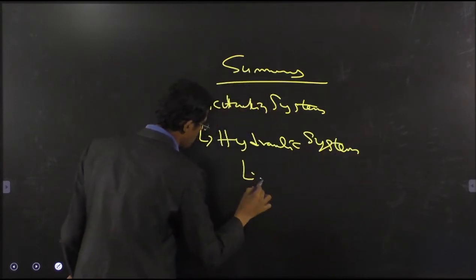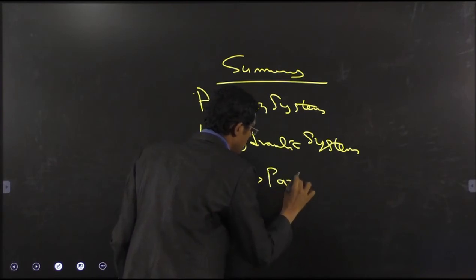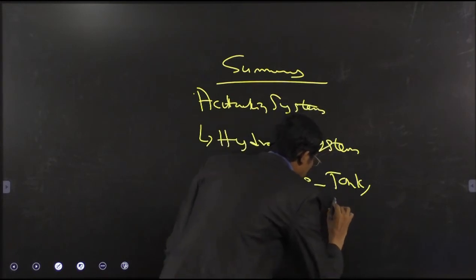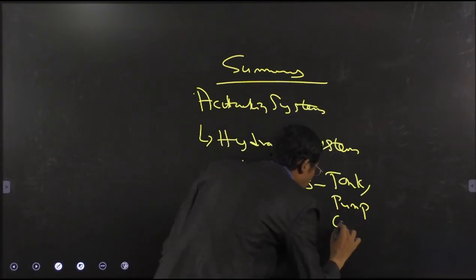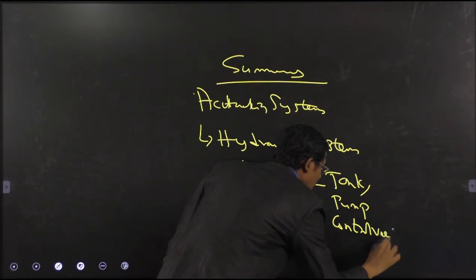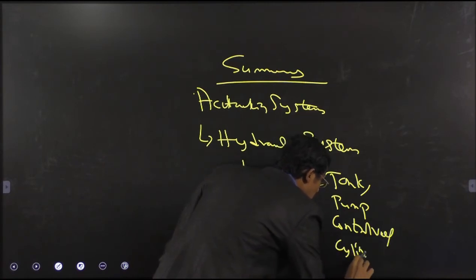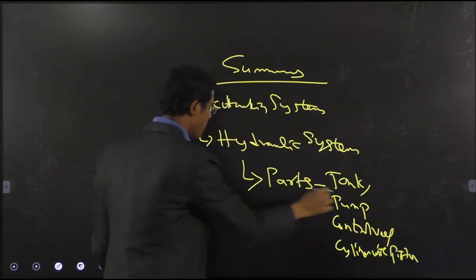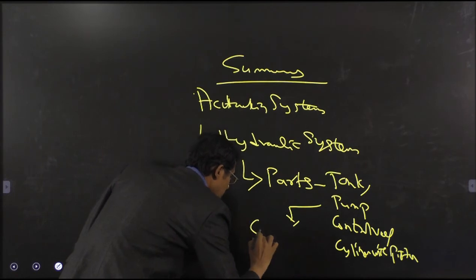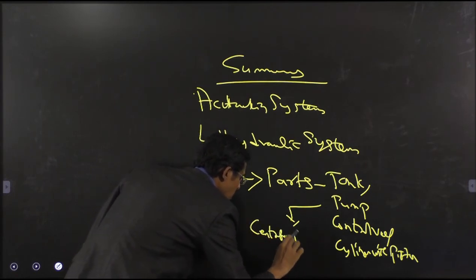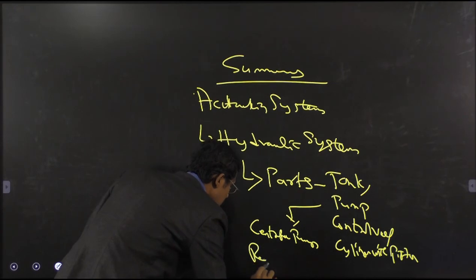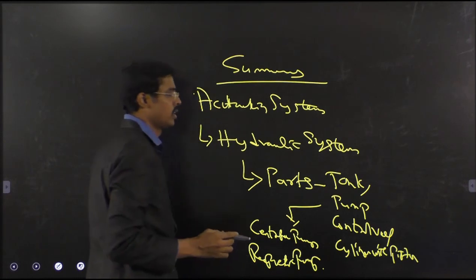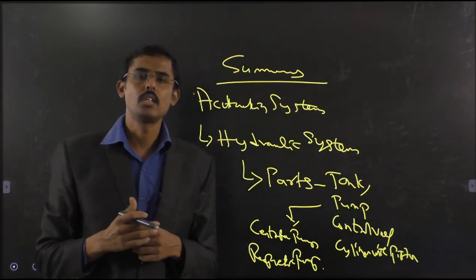In the hydraulic system we have seen the various parts such as the tank, the pump, the control valve, and the cylinder with piston to operate. The pump we have classified into two categories: centrifugal pump and reciprocating pump. The remaining part of the subject we'll see in the next session. Thank you.